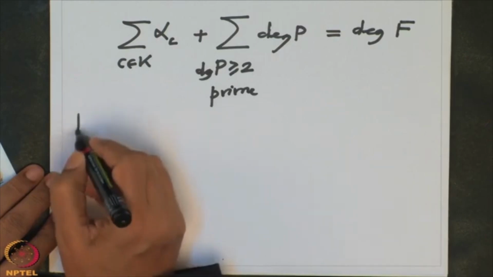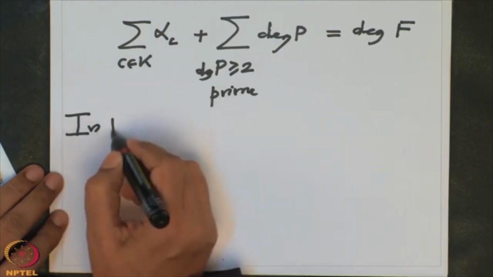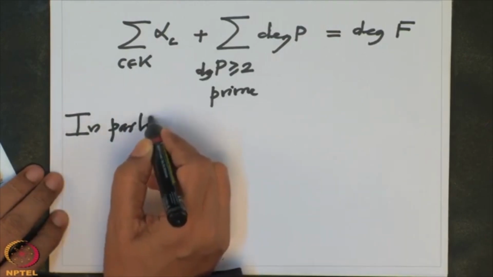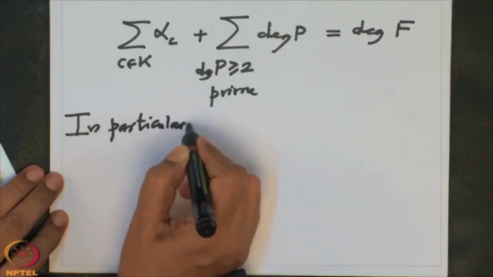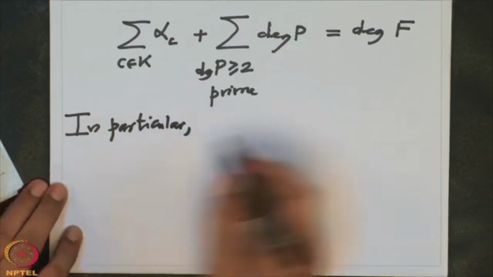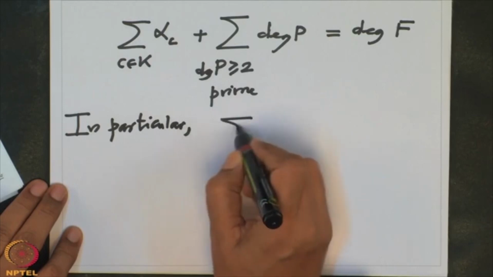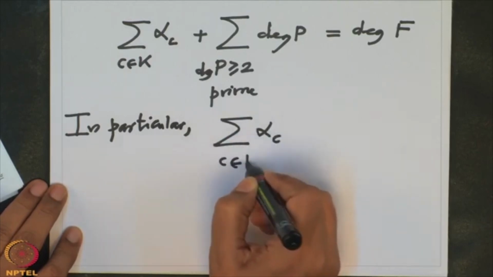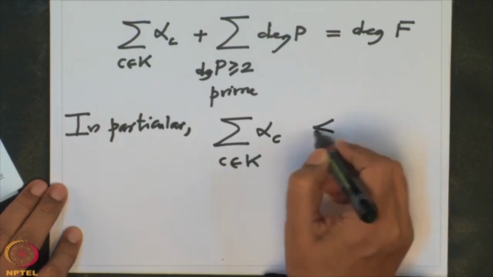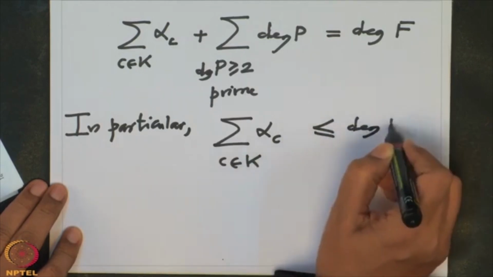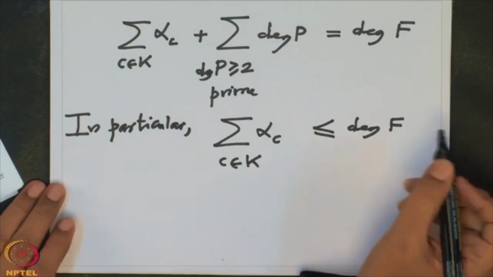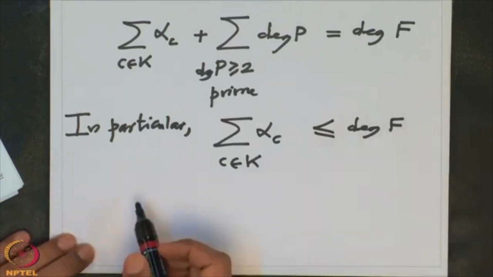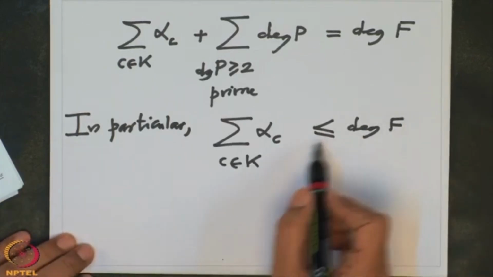In particular, we have proved that the summation of alpha C over C in K is less than or equal to degree f. And when can equality hold here?